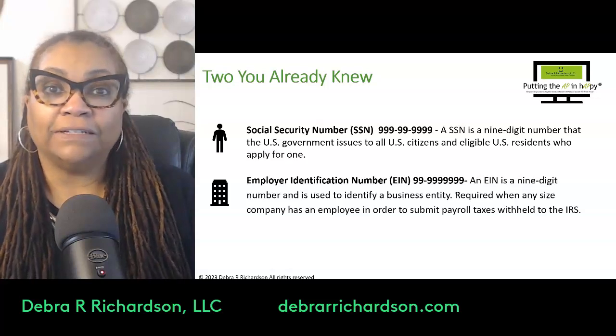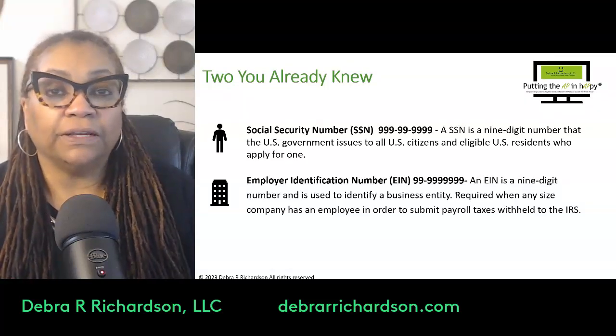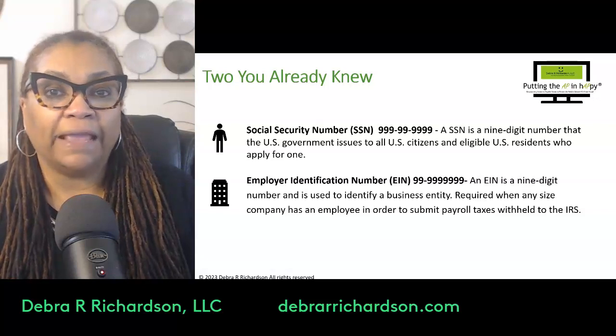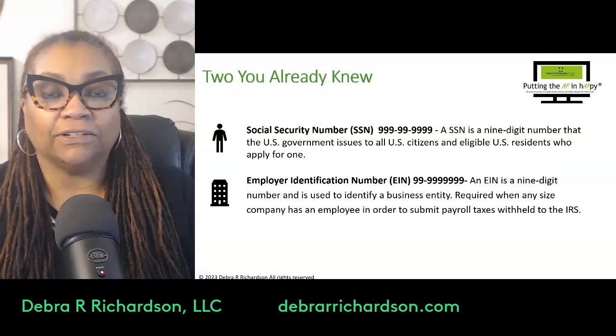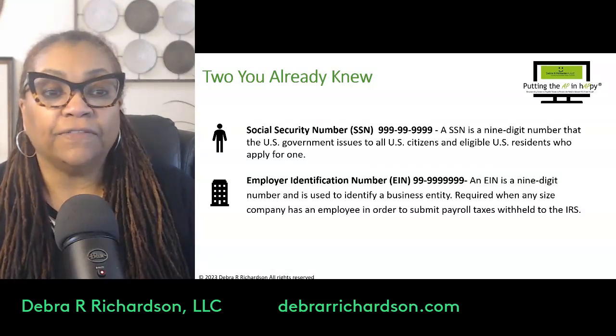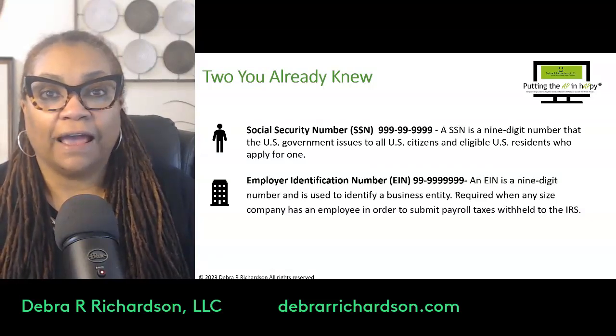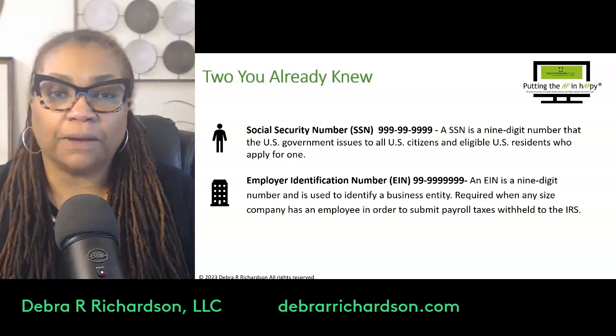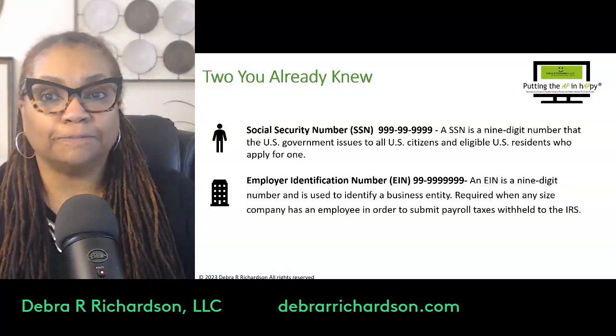Although nowadays no one wants to give out their Social Security number, and so they may get an EIN so they don't have to give out that Social Security number. But if they do have an employee, they have to have an EIN so they can deposit the payroll taxes.